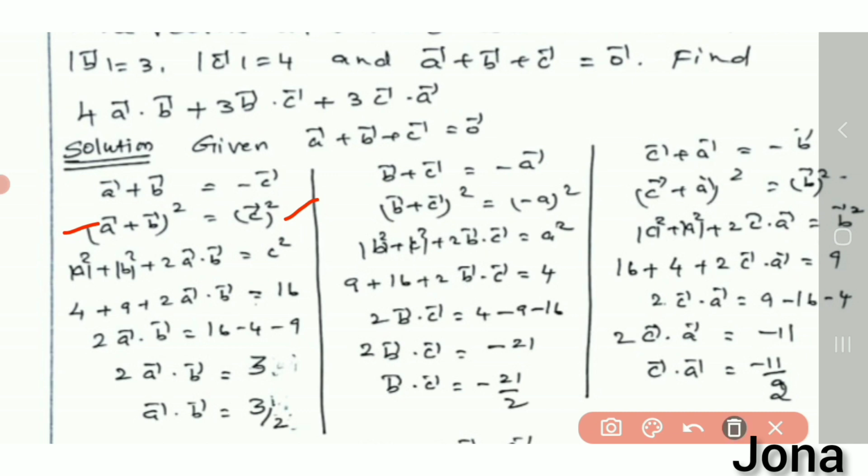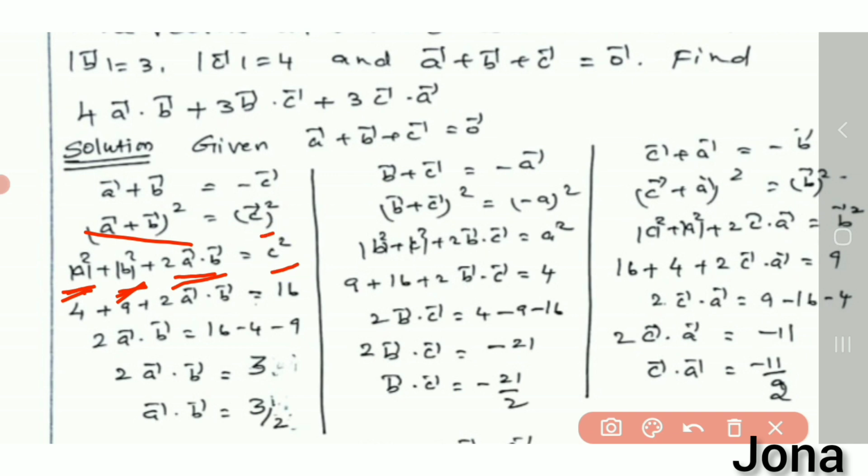And then on the left hand side we write the formula A plus B the whole square, that is A square term, this is B square term, and here it is 2AB term. So A square is nothing but modulus of A square, B square is modulus of B vector square, and 2AB term is 2 into A vector dot B vector equal to C vector square.